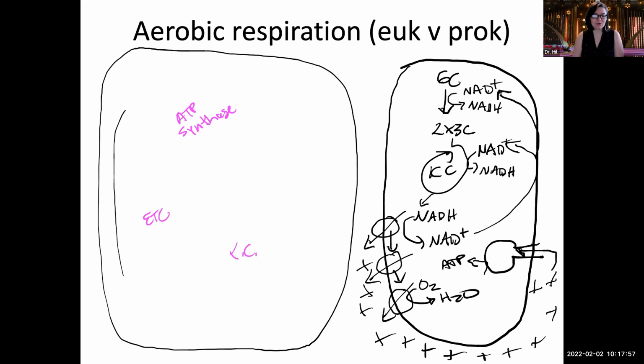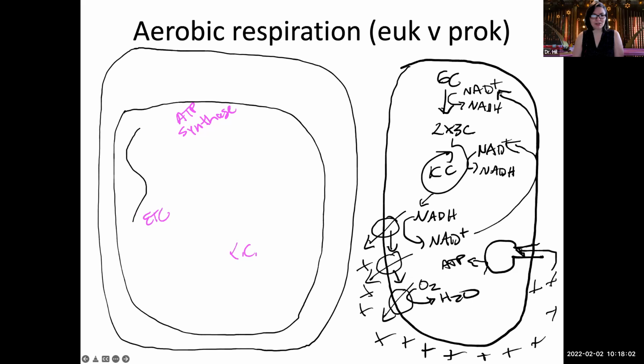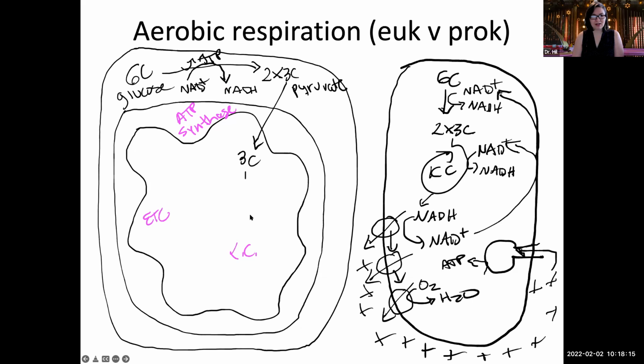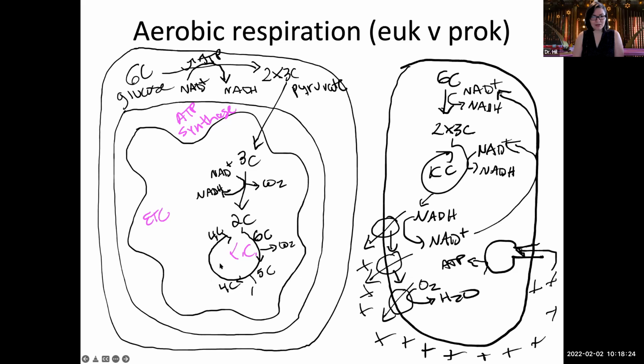Eukaryotic cell is different, of course, and in this diagram the mitochondrion is shown unnaturally large just to illustrate what's happening. We have our cytoplasm over here where glycolysis still happens. Then we've got our pyruvate that has to be transported into the matrix. We've got NADH production during glycolysis and during the Krebs cycle. And then the electrons harvested during all of these processes are dropped off at the electron transport chain, which is located in the inner mitochondrial membrane.